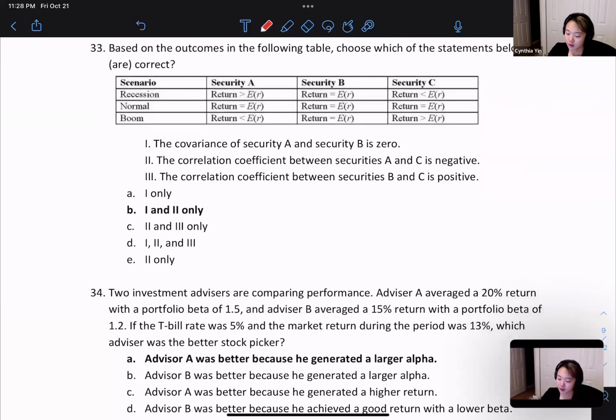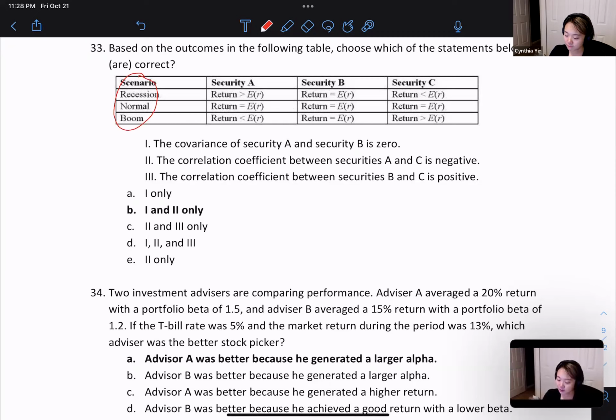Okay, 33. Based on the outcomes in the following table, choose which of the statements below is right. The covariance of security A and security B is 0. See, these are 3 scenarios: recession, normal, and boom.